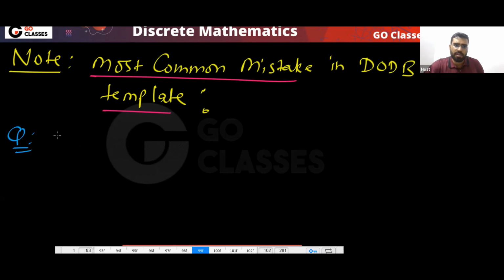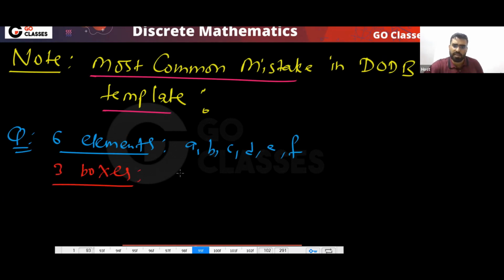Let's assume you have a total of 6 elements: A, B, C, D, E, F. And let's assume you have a total of 3 boxes: box number X, box number Y, box number Z. Now, this is what you want to do.